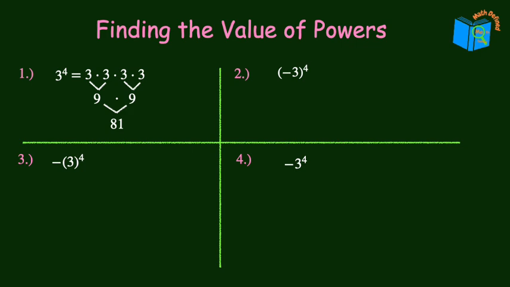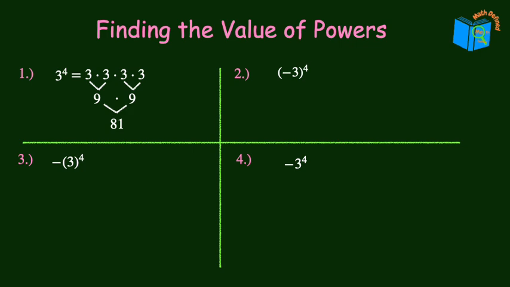This might be a challenge since the other 3 powers all have a negative sign attached in some way. When finding the values of negative numbers with exponents, you need to ask yourself, what is the base number? In this second scenario, we have negative 3 to the 4th power with the negative 3 in parentheses. What is the base number?